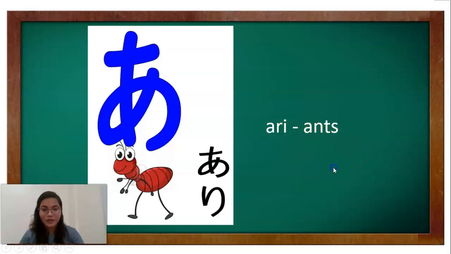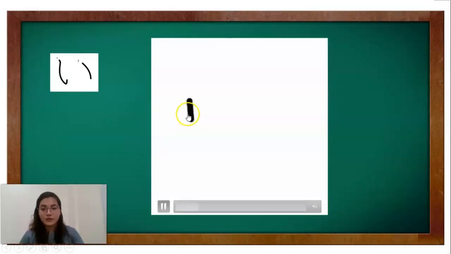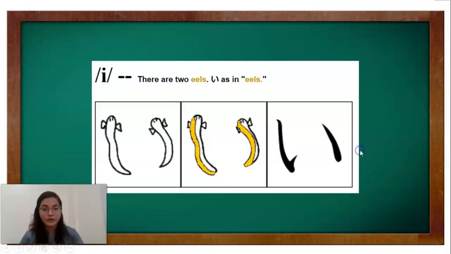Okay? Next up is I. I has 2 strokes. 1, 2. Okay, let's try it again. 1, 2. To easily remember this Hiragana character, think that there are 2 eels.